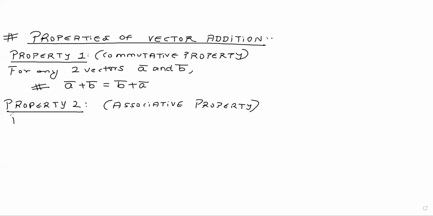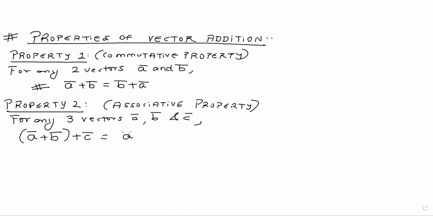For any three vectors A, B and C, since NCERT is using bars, let me use bar only right now, I can write A bar plus B bar, added with C bar, is equal to A bar added with B bar plus C bar.